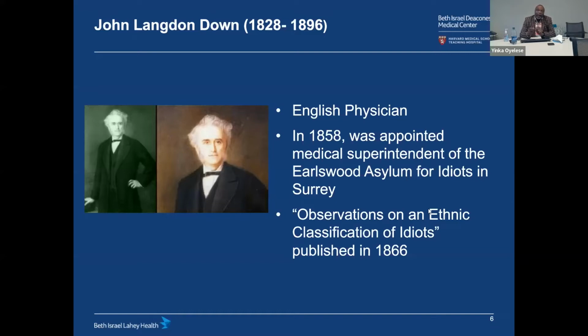And for the first time, Down made some observations about this population of individuals. Unfortunately, his conclusions were not politically correct, but he was the first person to describe what we now know as the phenotype of Down syndrome. If his name had been Up, it actually would have been called Up syndrome. So it's named after John Langdon Down.